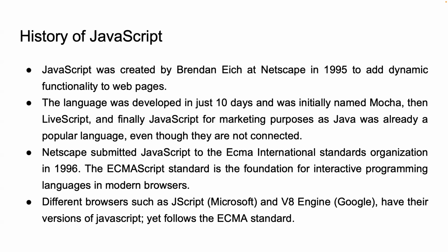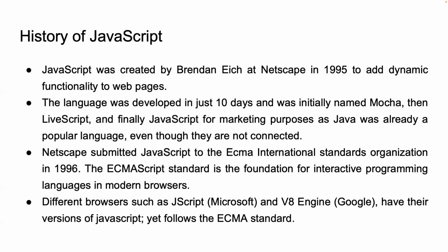The language was developed in just 10 days and was initially named Mocha, then LiveScript, and finally JavaScript for marketing purposes, as Java was already a popular language, even though they are not connected. JavaScript and Java are not the same thing; they are completely different programming languages.